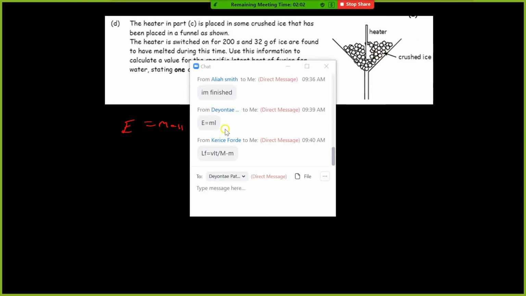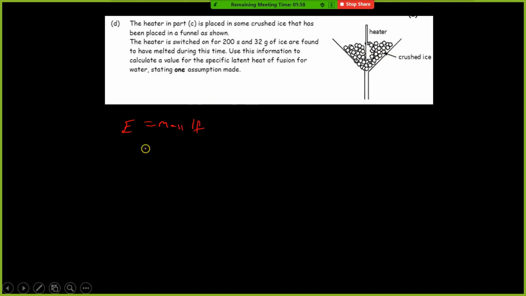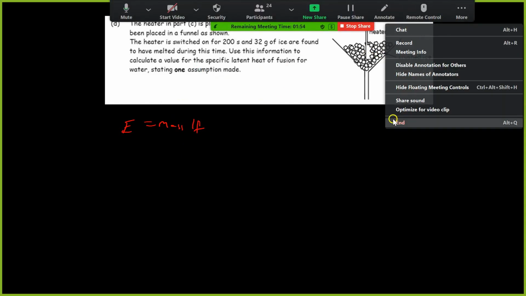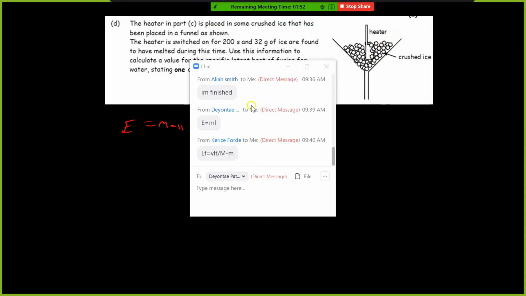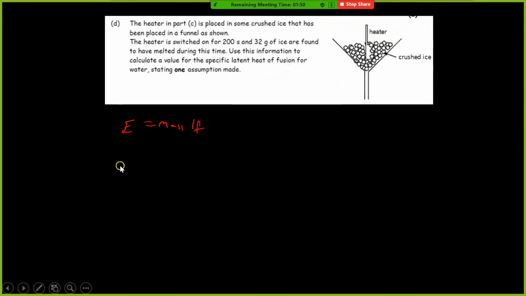Yeah, Kerry, we can work with that equation, of course. But I just want you to see something here. So I'm going to write what Kerry sent just now. She said that LF is equal to I times V times T divided by M1 minus M2.